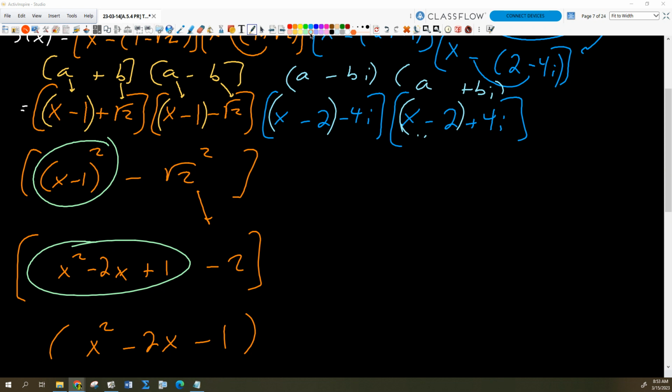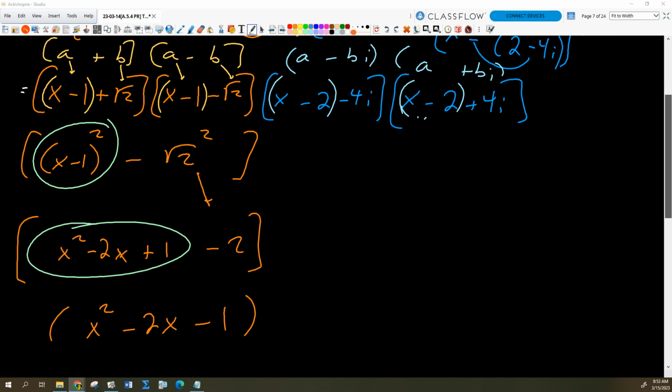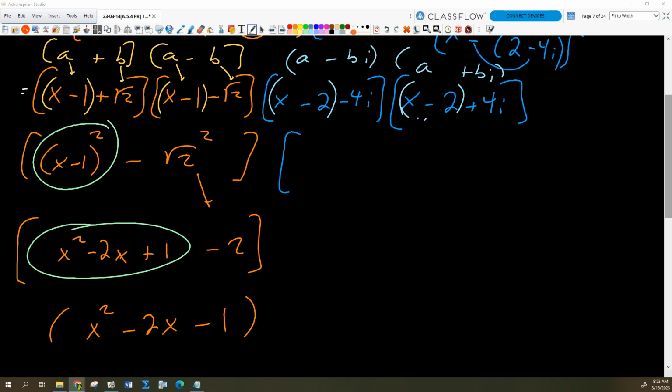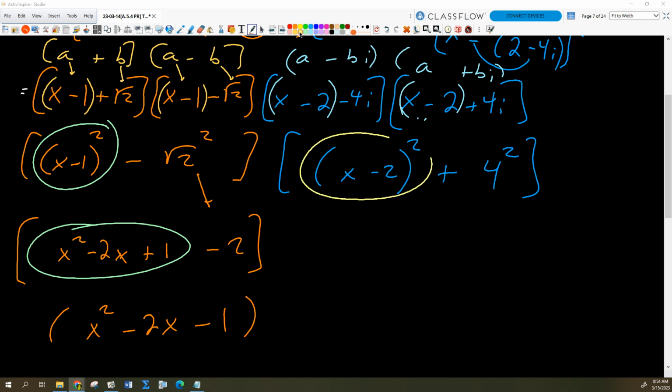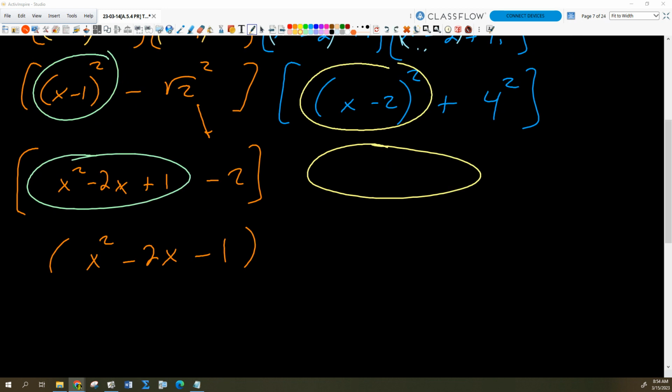So then when I multiply this whole thing out, I'm going to get A squared plus B squared, right? Okay, now we can do the same trick, right? X minus 2 quantity squared. Well, we can do that. That whole thing, what's that going to become if I square that out, everybody? X minus 2 quantity squared.